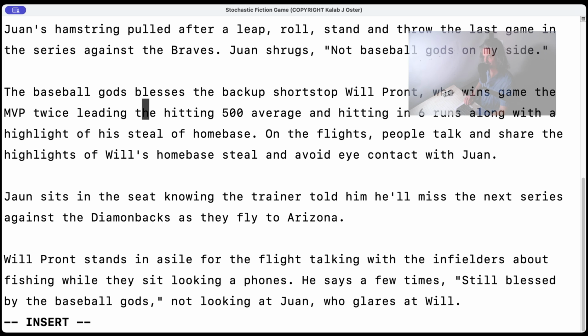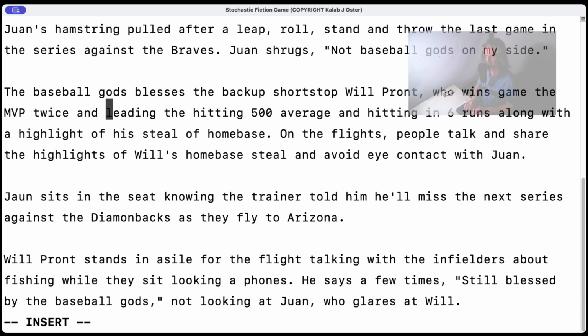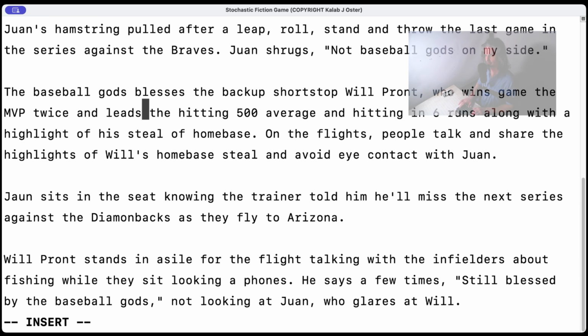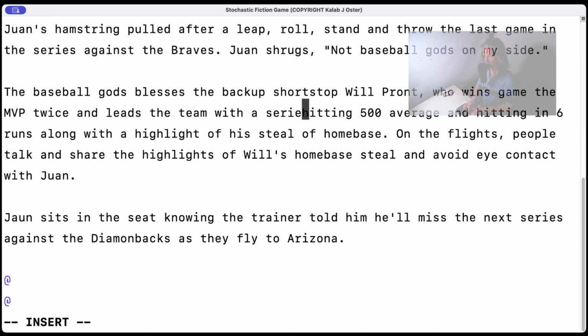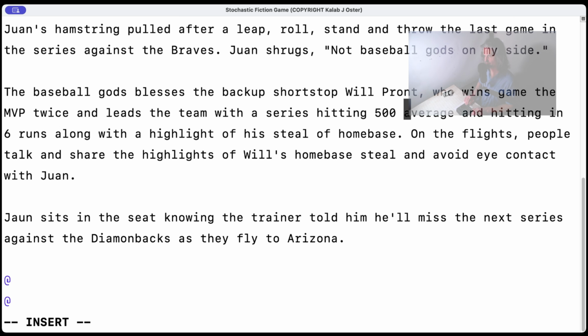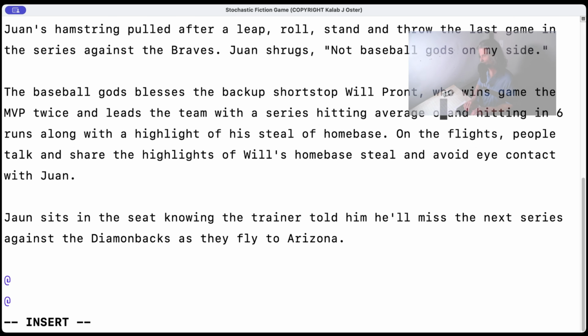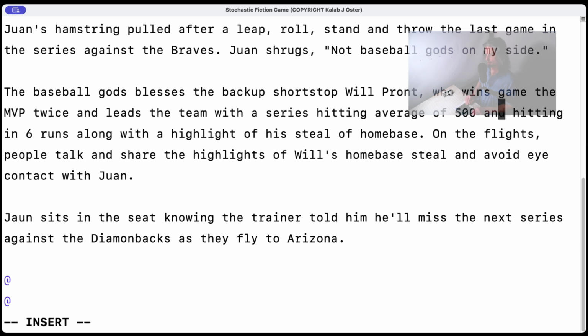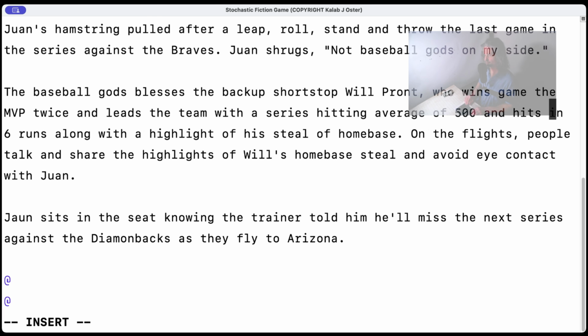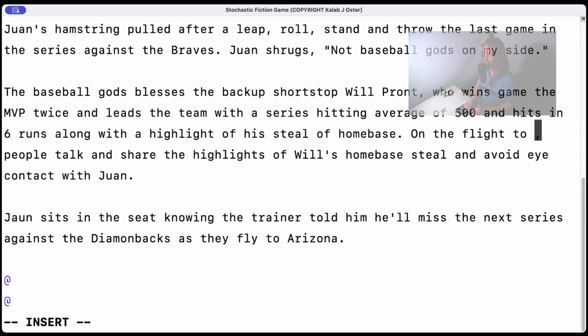The baseball gods bless the backup shortstop Will Prompt, who wins game MVP twice and leads the team with a series hitting average of .500, and hits in 6 runs, along with a highlight of a steal of home base on the flight to Arizona.